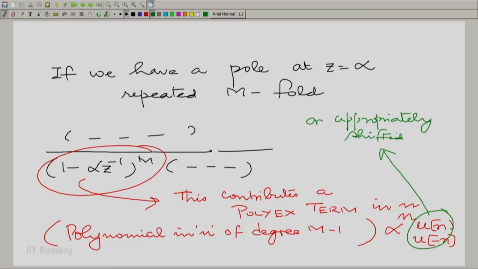Now, the choice between u of n and u of minus n comes from whether the sequence is right sided or left sided. And the reasoning is exactly the same; there are so many parallels between the Laplace transform and the z transform. If it is to the exterior of a circle, you have one situation; if it is to the interior of a circle, you have another situation.